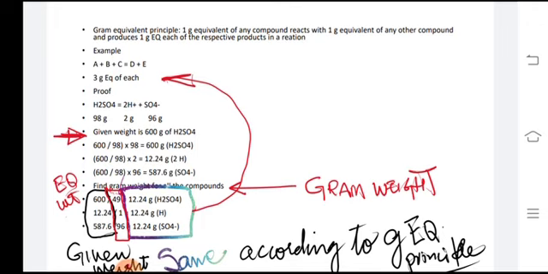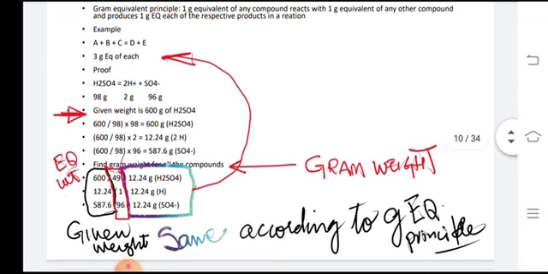Let's find out the gram equivalent for every compound. Starting with H2SO4, how can we find the gram equivalent? We need the given weight divided by the equivalent weight. The given weight for H2SO4 is 600, which is known to us, and 49 is the equivalent weight of H2SO4.